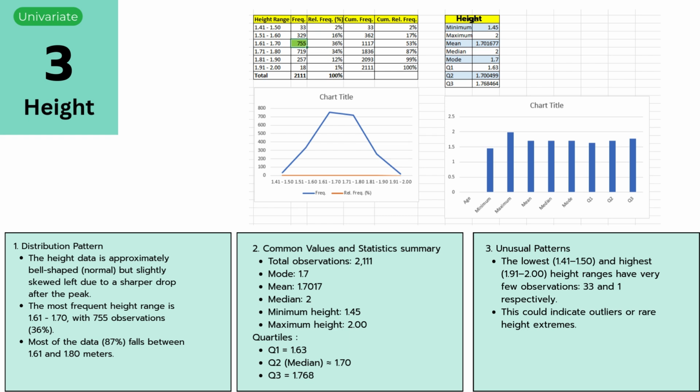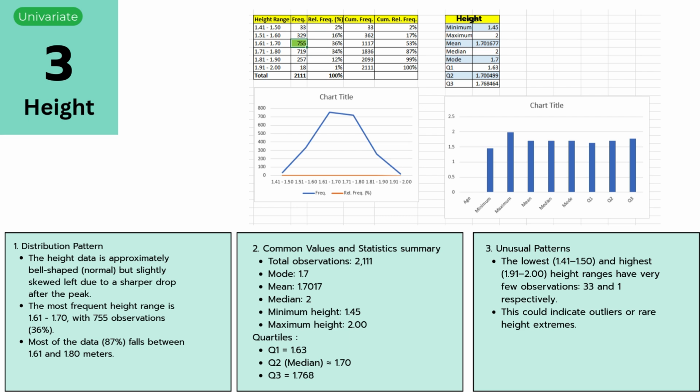The reported median of 2 appears to be a data entry error, as it matches the maximum height. The quartiles: first quartile at 1.63, second quartile around 1.7, and third quartile at 1.768.